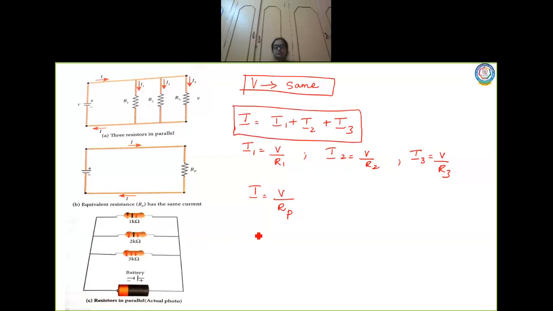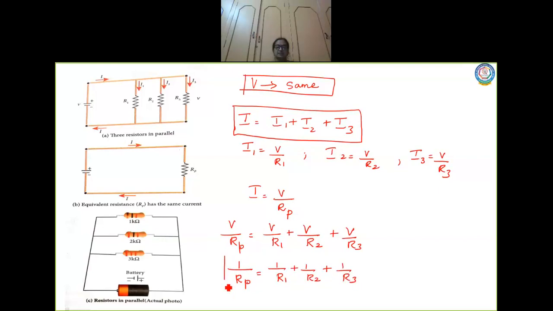Okay, so substitute for I as V by Rp equal to V by R1 plus V by R2 plus V by R3. So all the V gets cancelled. Now here I have 1 by Rp equal to 1 by R1 plus 1 by R2 plus 1 by R3. So this is the effective resistance.